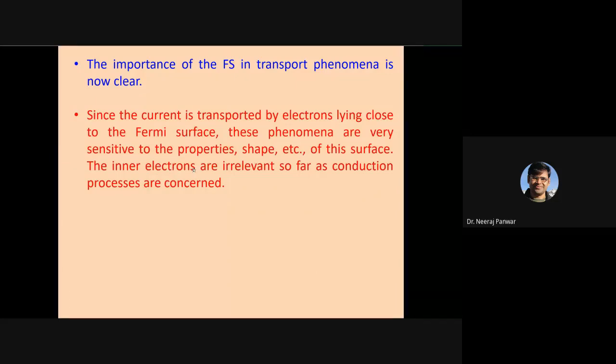So the inner electrons are irrelevant as far as conduction processes are concerned. We have seen that only those electrons which lie close to the Fermi level contribute. Therefore, the inner electrons are irrelevant as far as electrical conduction and thermal conduction are concerned.